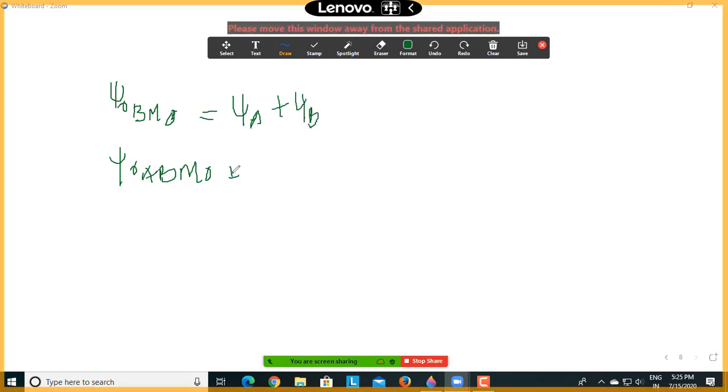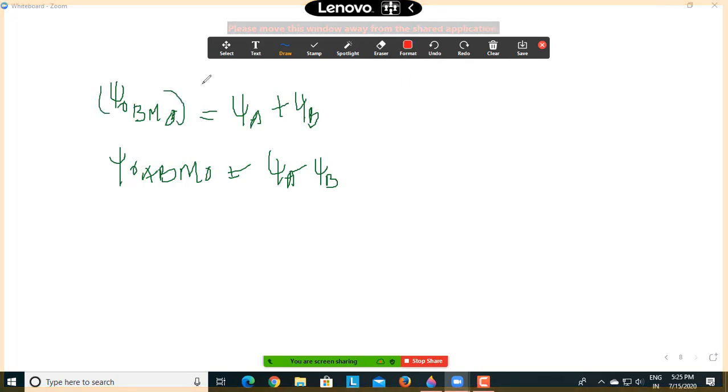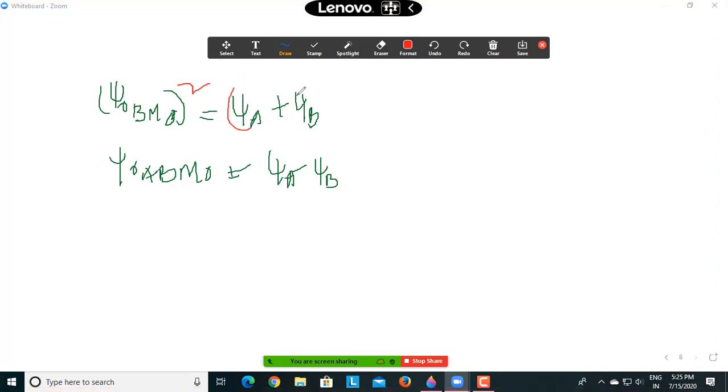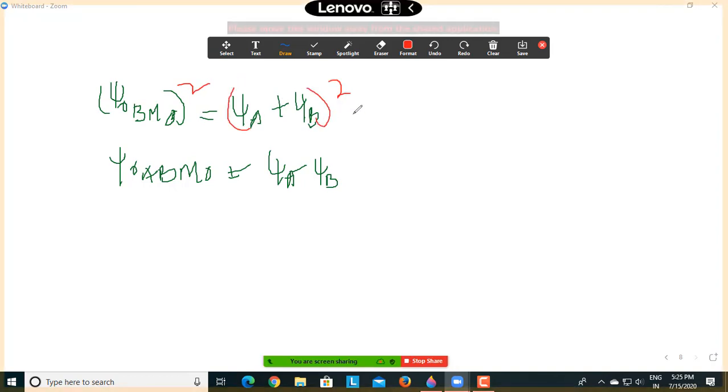And anti-bonding molecular orbital will be psi A minus psi B. But this is the electron wave amplitude. We want to find the probability of finding the electron, meaning probability density. The probability density for bonding molecular orbital will be the square of this, and this will also be the square of this.